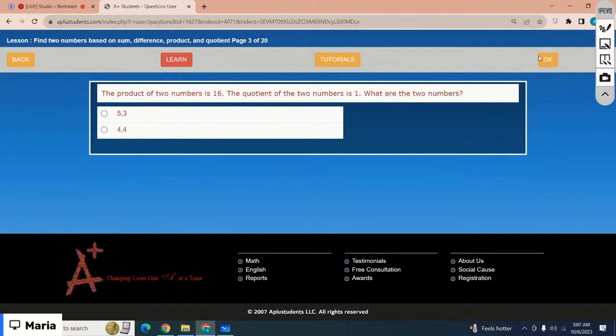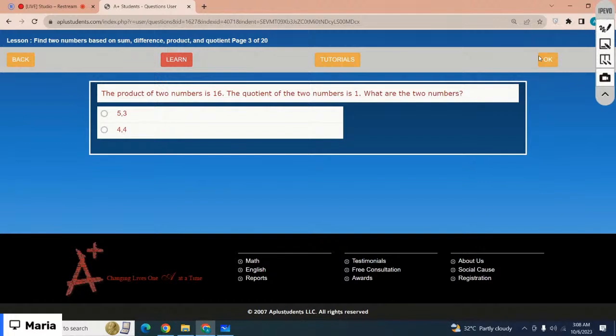Product means when you multiply them, they make 16, and when you divide them, the answer is 1.